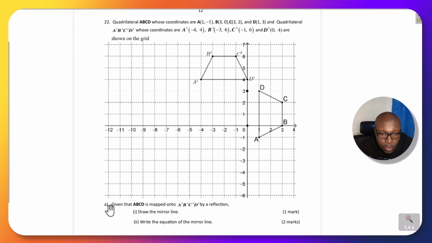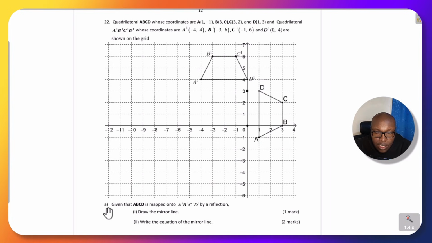Part A of the question: given that ABCD is mapped onto A'B'C'D' by a reflection, draw the mirror line. For you to draw the mirror line, you need to understand one important property of reflection.